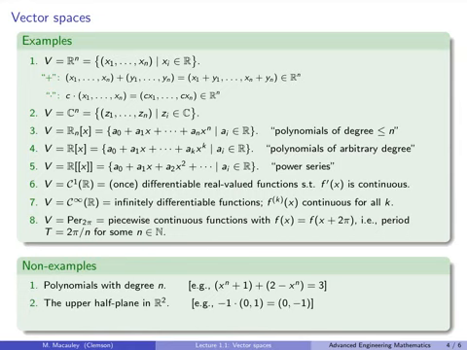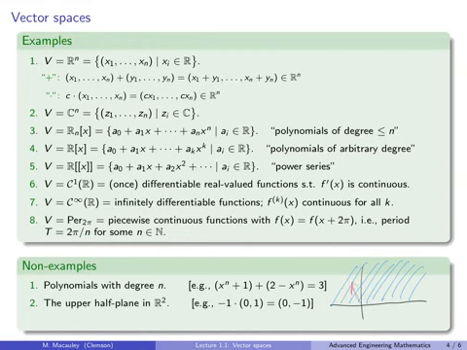Secondly, the upper half plane in R2. So this looks like all vectors that are north of the x-axis. Now, I haven't specified whether this should include the x-axis or not. It doesn't really matter. But what you should understand is that this space is not a vector space. Well, why, first of all?